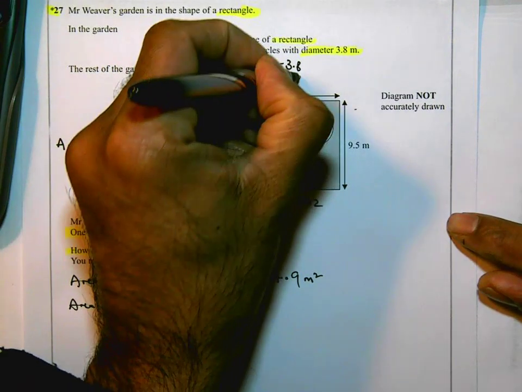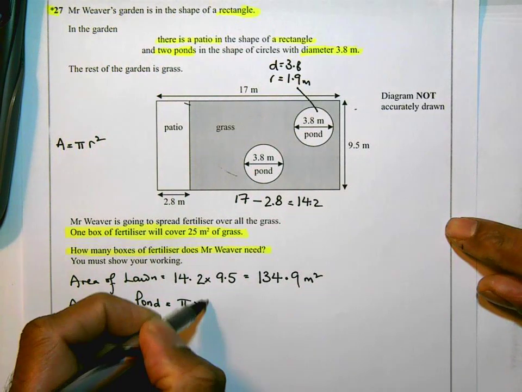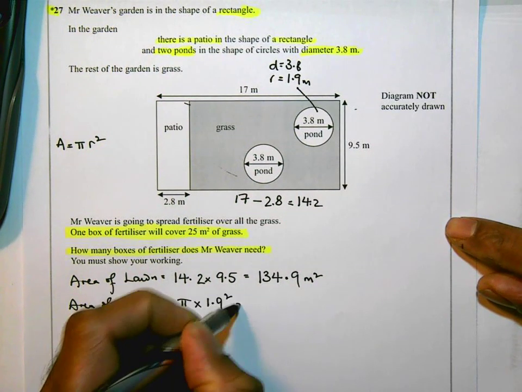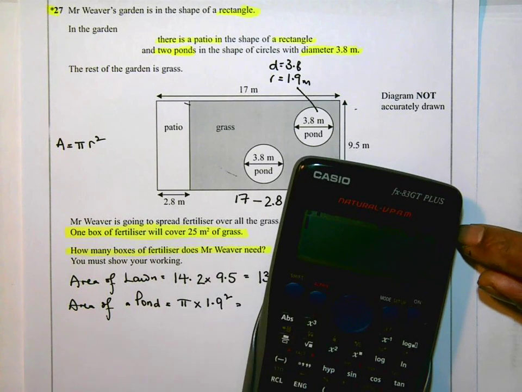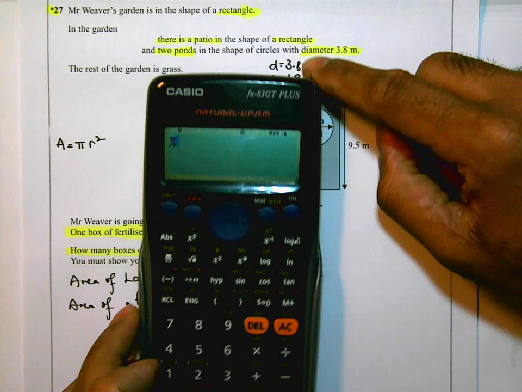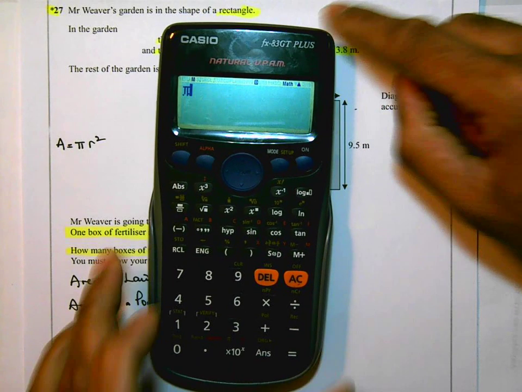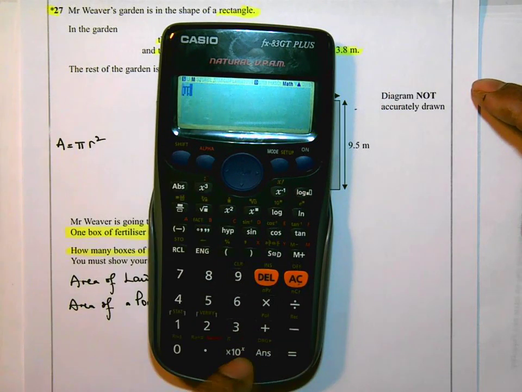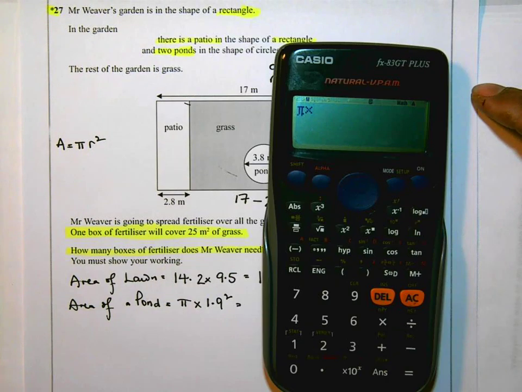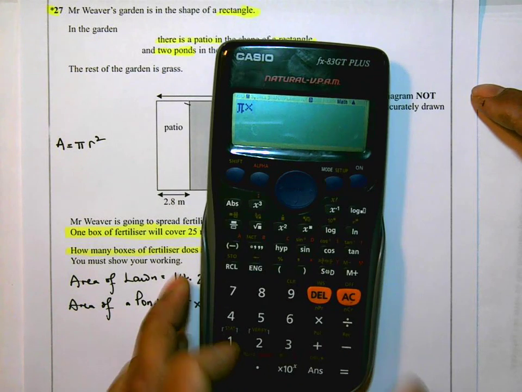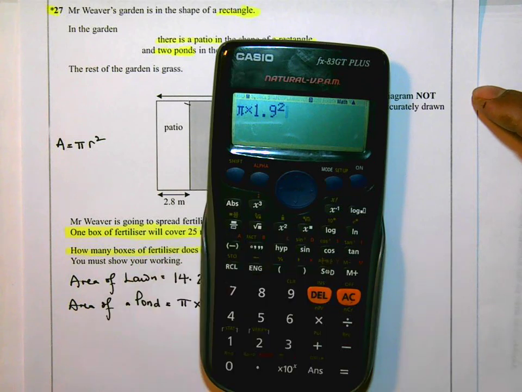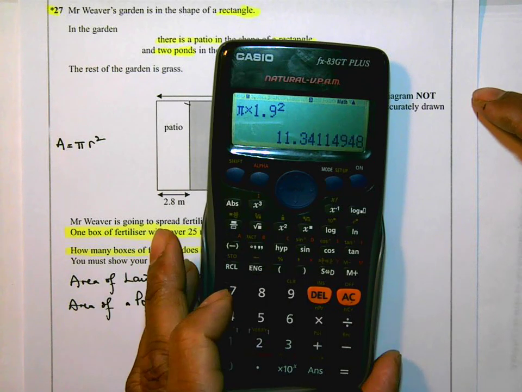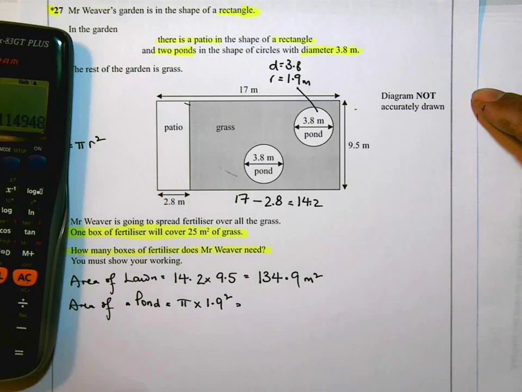So it's pi times radius squared. I'm going to do that on my calculator. Shift and then the pi button, times radius, which was 1.9, and then I press the square button, equals 11.34.